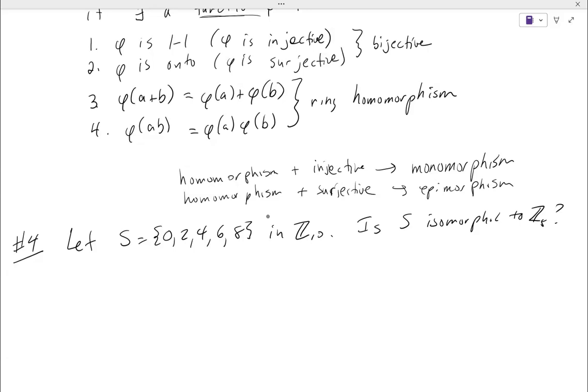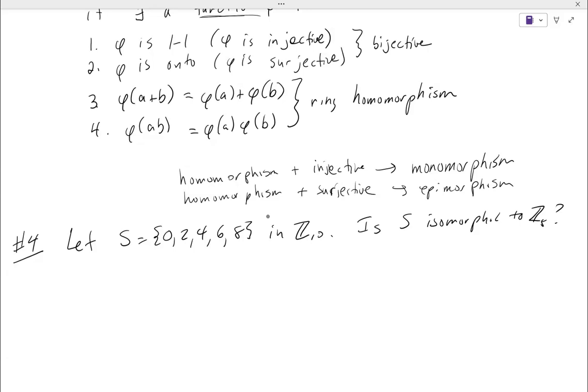But generally speaking, these can't be isomorphic because 1 added to itself gives me 2, but nothing over here added to itself gives me something different than 0. Does that make sense? So if you can find something that happens in one ring that can't happen in the other, then you know they can't be isomorphic no matter how hard you try.